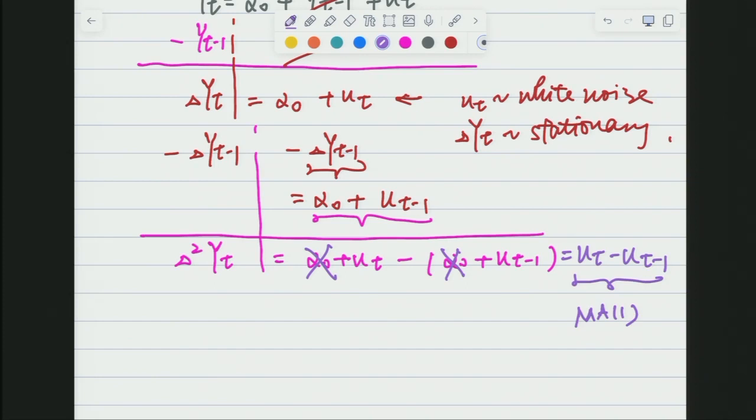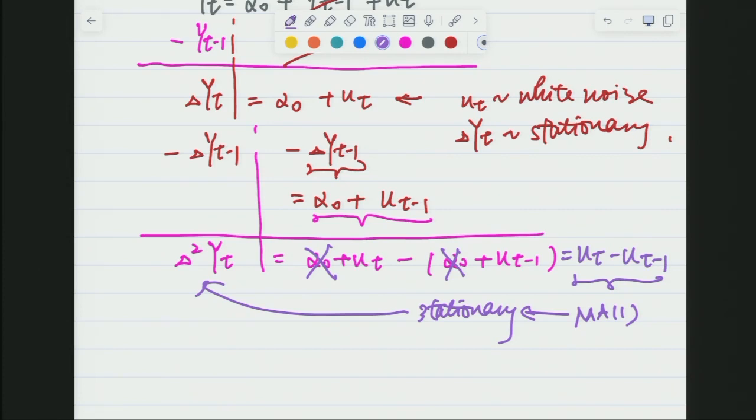An MA of finite order is always stationary, which implies the second difference of yt is also stationary. But we know that the random walk with a drift is integrated of order 1. It's not integrated of order 2, because it only needs to be differenced once to achieve stationarity. So this is a false statement.